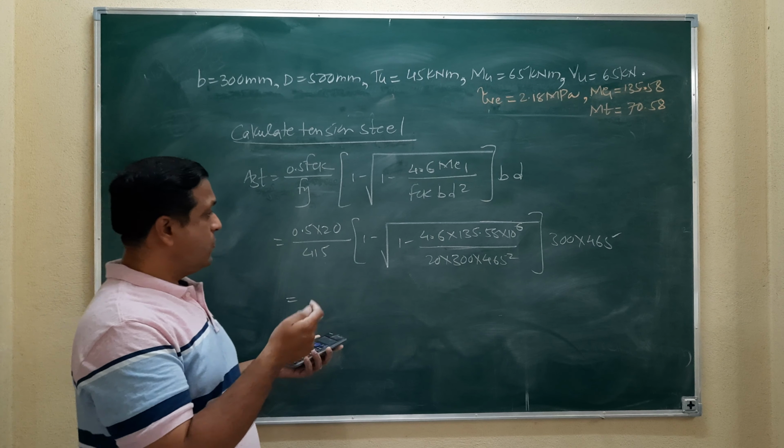So 1 minus 0.7211, multiplied by 0.5, multiplied by 20, divided by 415 into 300 into 465. The value is 937.50 mm square. Now assume the proper diameter of bar. So assume 16 mm diameter bar and find out the number.